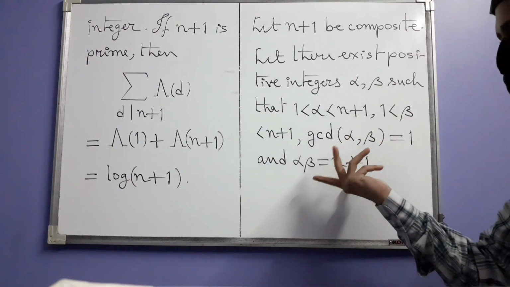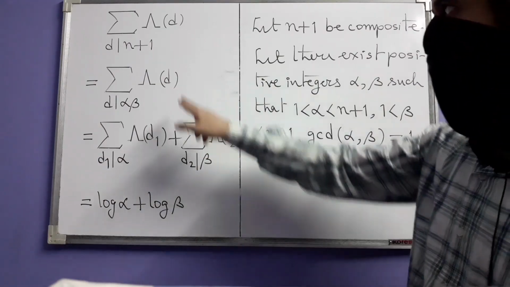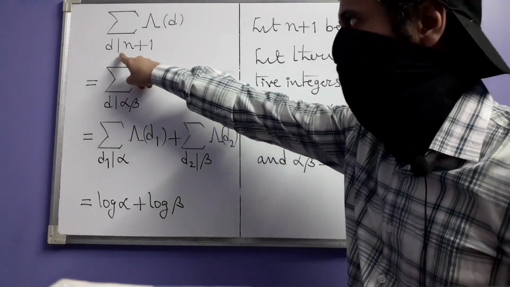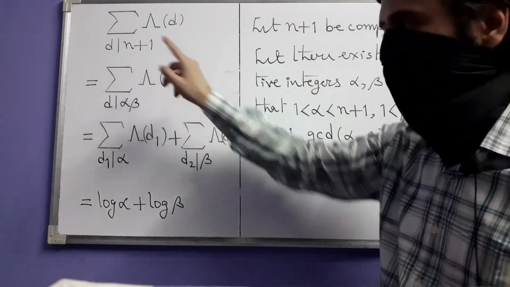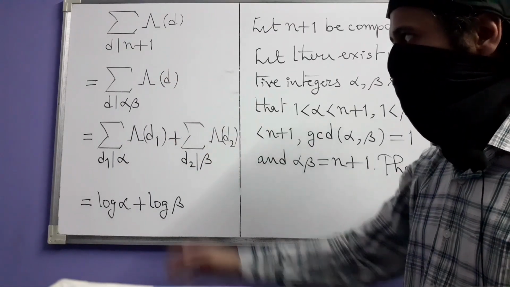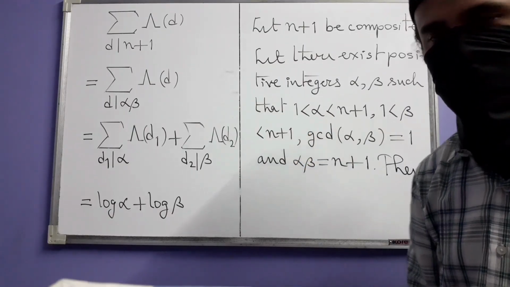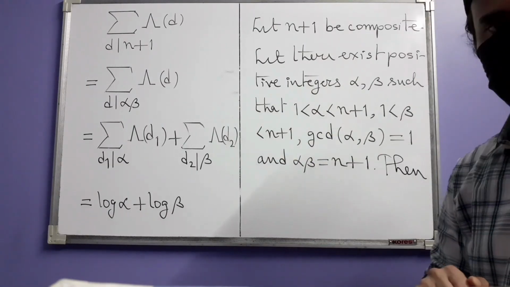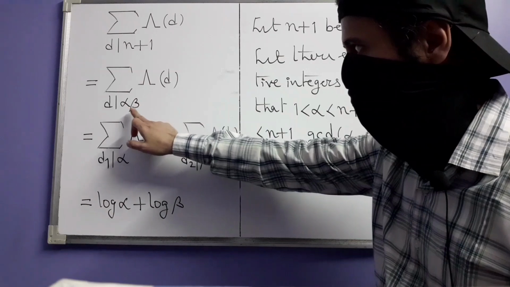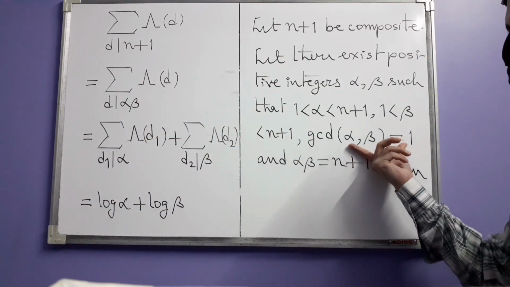Now what can you do about this case? Let's see. So in this case also, of course, we consider that sum where now we have n plus 1 in place of n. And n plus 1 is alpha beta. And this is precisely that case with which we started our solution. So we can use that result here. Note that alpha and beta are positive integers which are relatively prime.